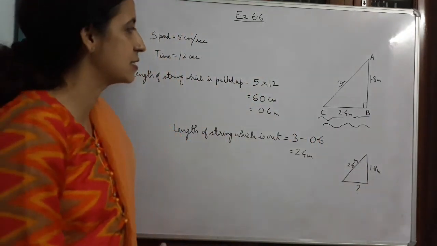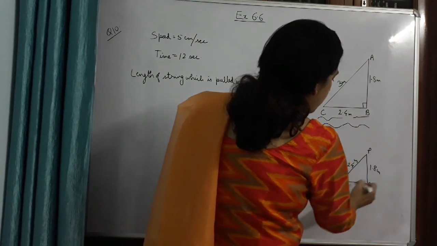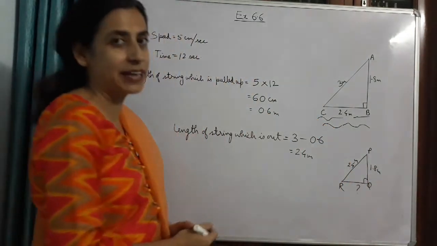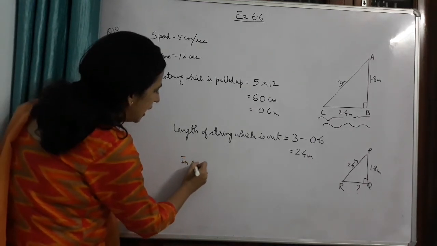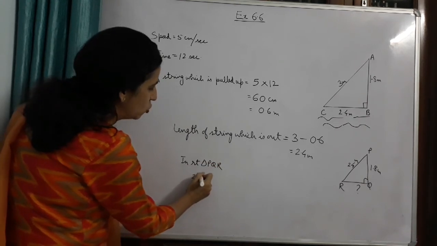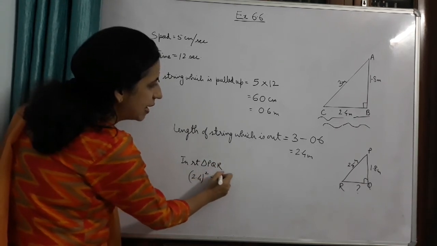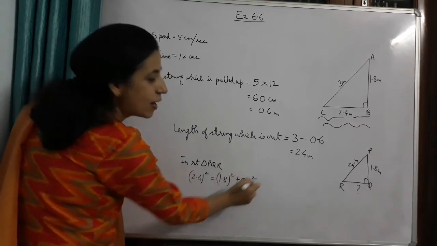and we have to find out this distance. So let us name this as triangle PQR, and again since it is a right angle triangle, we can apply Pythagoras theorem in right triangle PQR. So we obtain 2.4 whole square is equal to 1.8 whole square plus QR square.